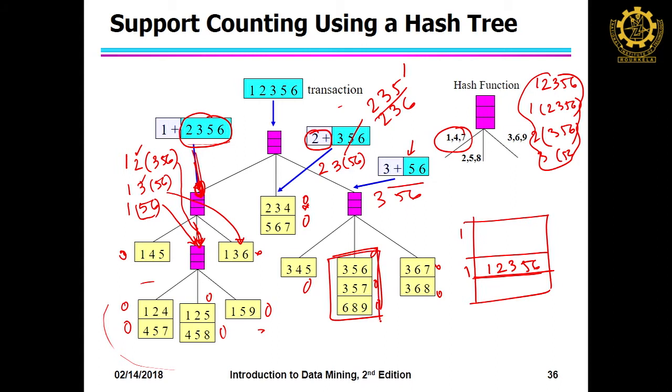You have to search here only, and there is only a probability that you will get one item set with length 3. So, 356 here, so you increment it by 1. Now, it is not yet over. So, this combination is 135 and 136. So, 136 is here. So, you increment it by 1.